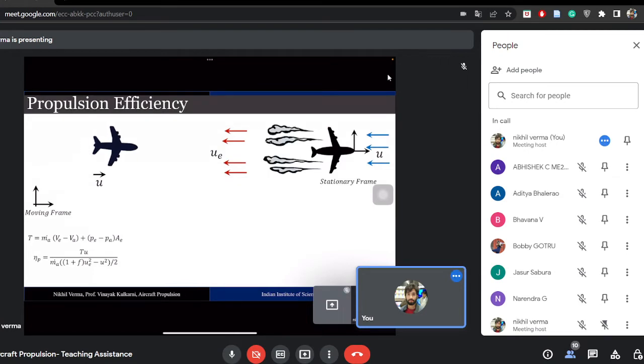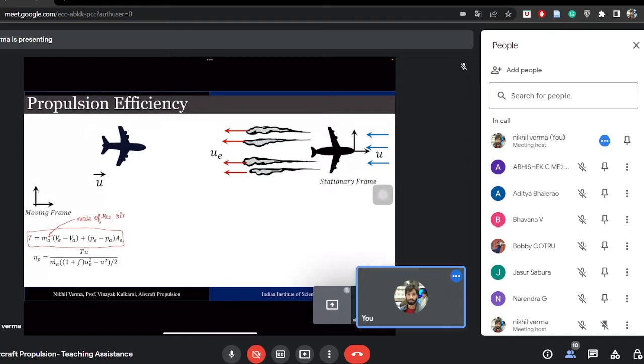So the thrust equation for any type of aircraft is given as this, where m dot a is the mass of the air which is coming into the engine.